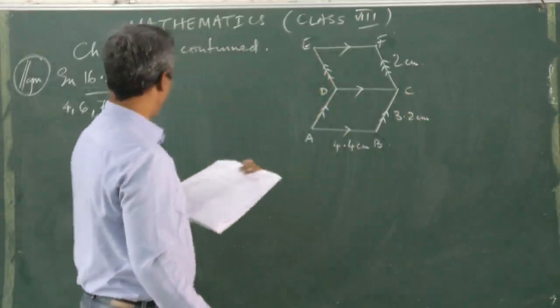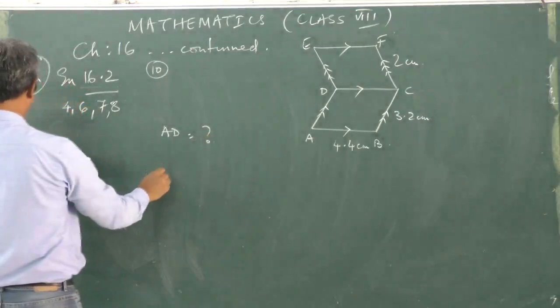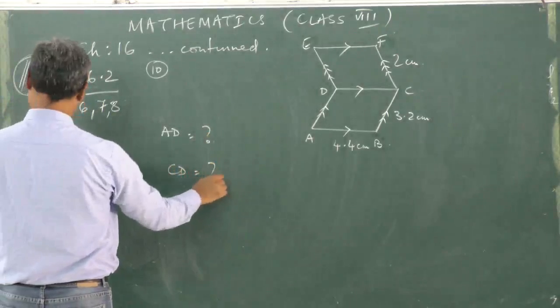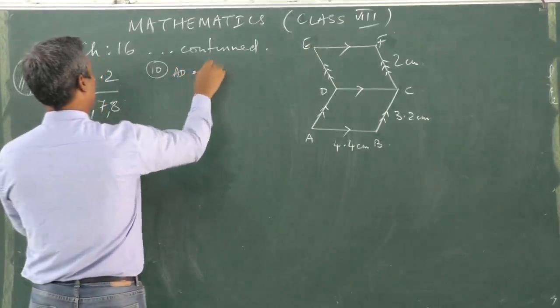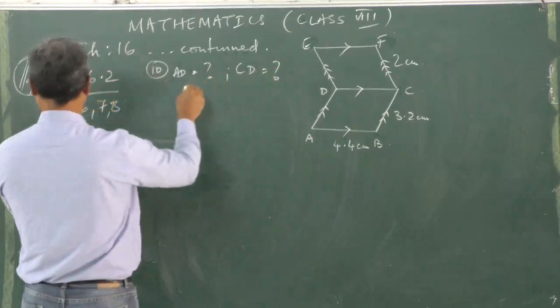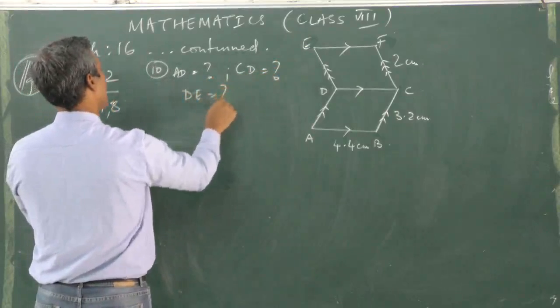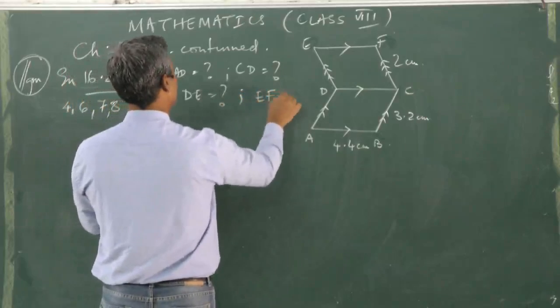Find the lengths of AD, CD, let me write it on top, AD not known, CD not known, DE not known, and EF not known.